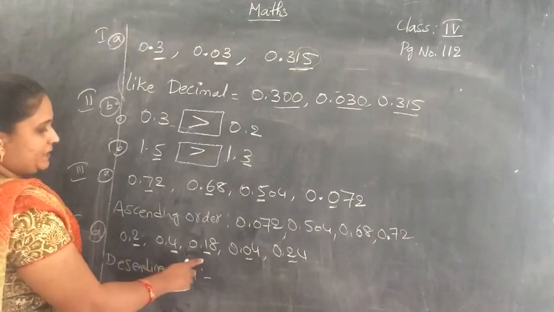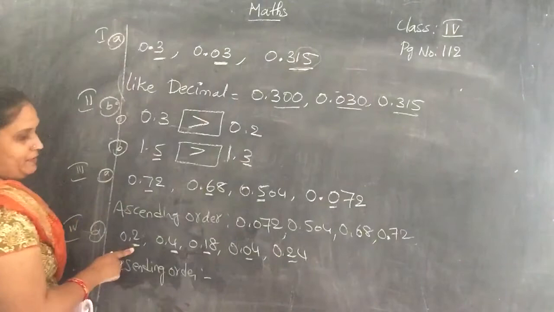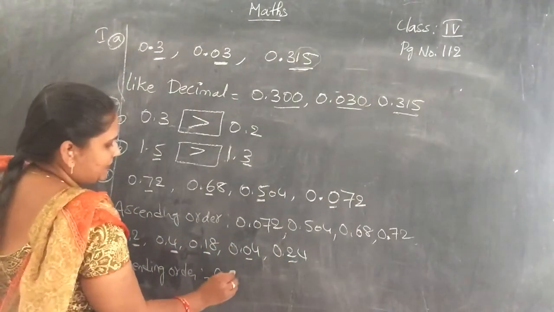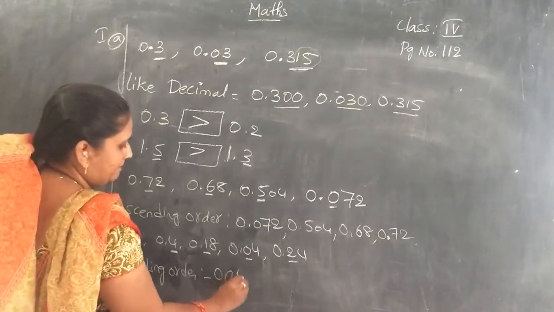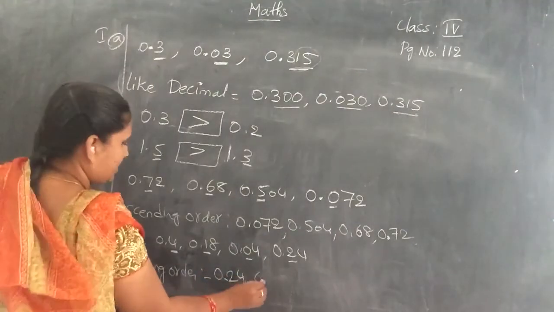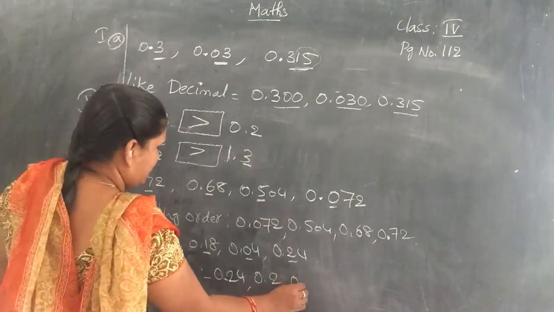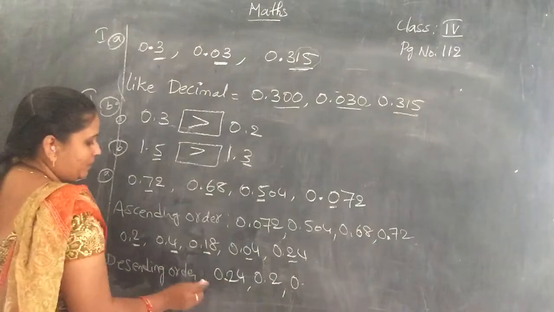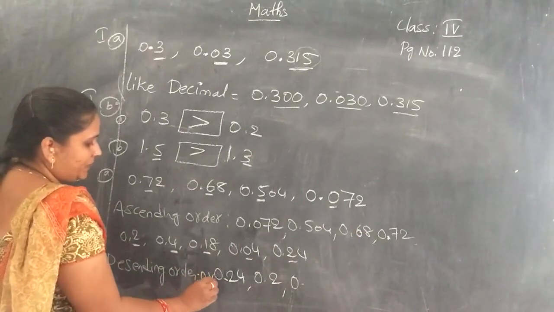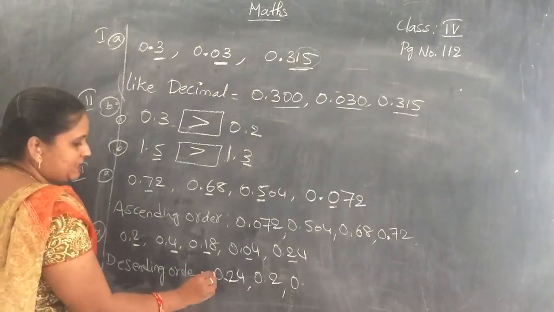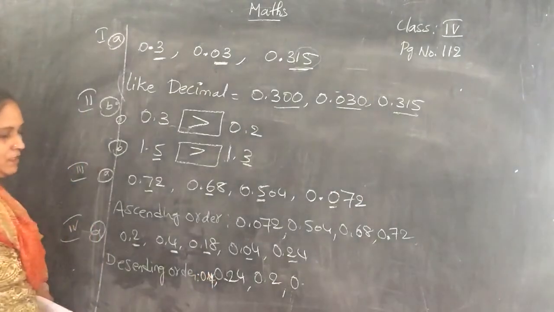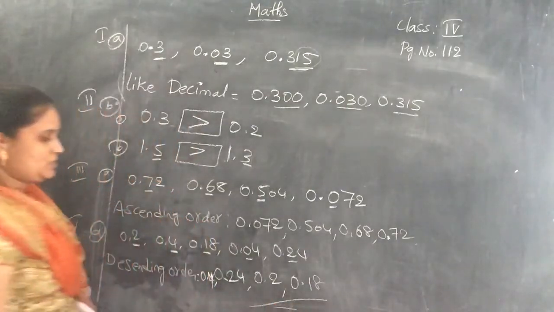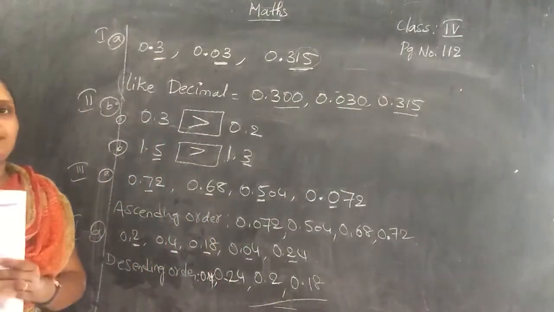If you compare all the numbers, 2 will be the greatest number here, and here also. So we can write 0.24, 0.2, sorry, first you have to write 0.4, children. 0.4, because 4 is the greatest number. Next, last 0.18. Like this you can write the numbers in descending order.